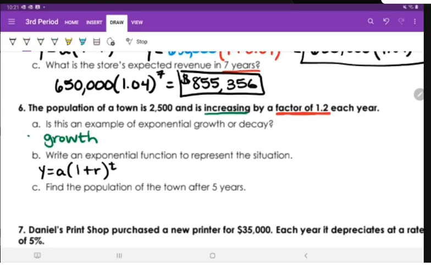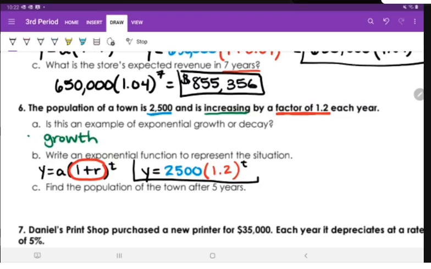And factors we treat a little bit differently than rates. Factors replace this whole base. So this whole thing inside parentheses becomes 1.2. So we'll write this as y equals 2,500 times the quantity 1.2 to the t power. And that is our exponential function.